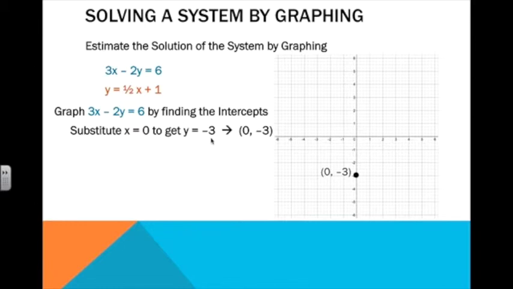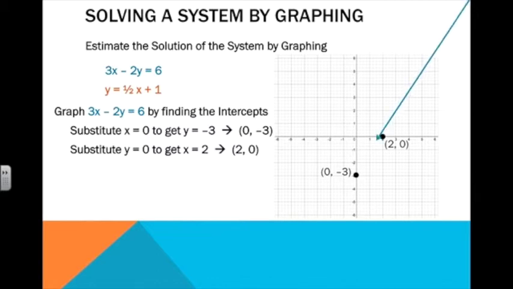This means our y-intercept is the point (0, -3). Then we substitute 0 in for y to find the x-intercept, (2, 0). Once we have both of these points plotted, we can graph our first line.